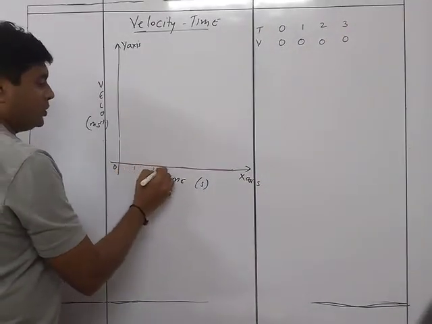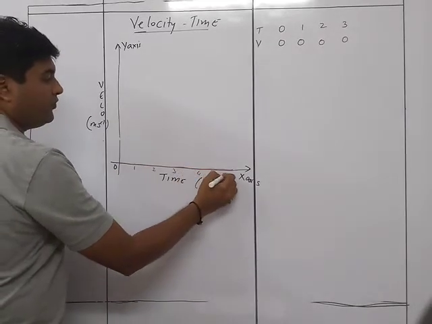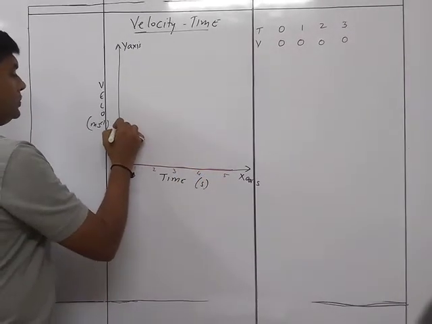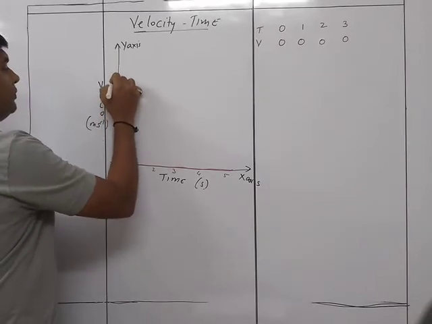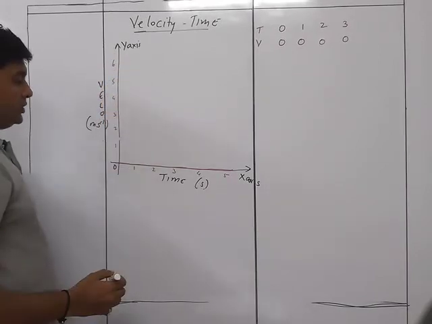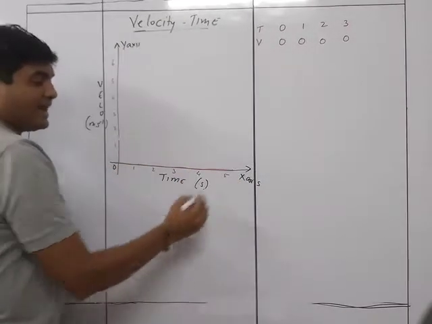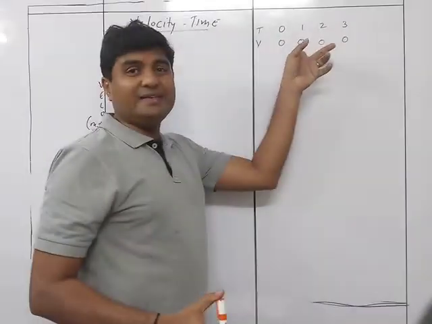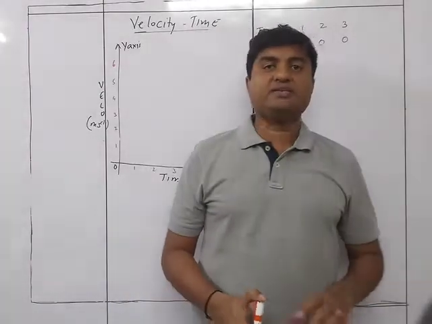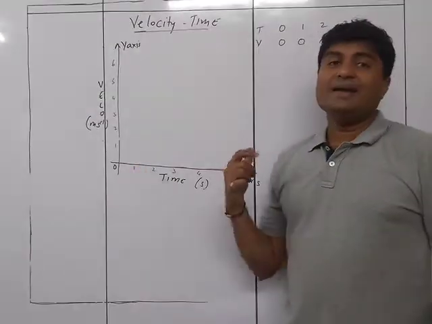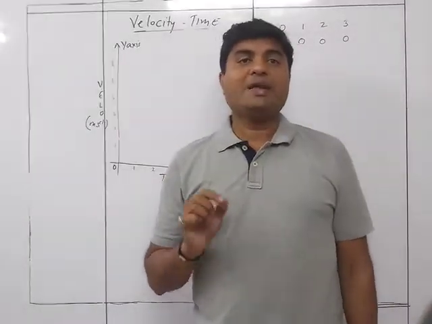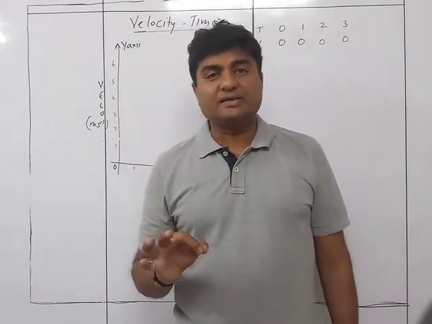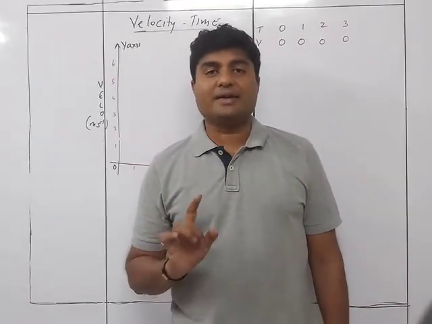You can see that if it is a straight line like this, what does it indicate? My velocity is 0 in each and every case, hence the body is at rest. So if the line is on the x-axis, then the body is at rest.